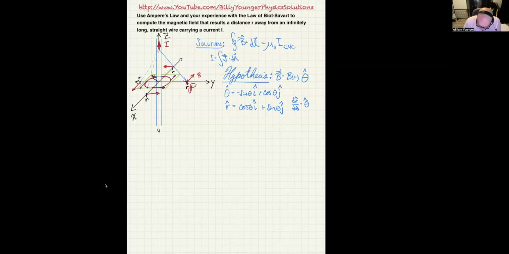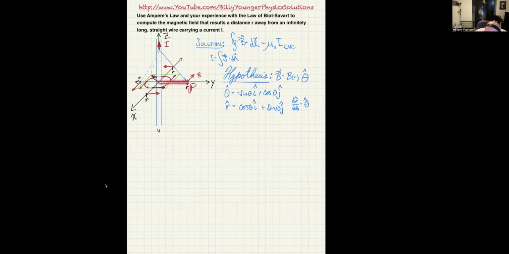Now, looking at theta equals 0 in this expression, the sine of 0 is 0, so it's not going to have any x component, but the cosine of 0 is equal to 1, so the whole vector is going to be pointing in the positive y direction when theta equals 0 degrees. That's exactly what we get here.